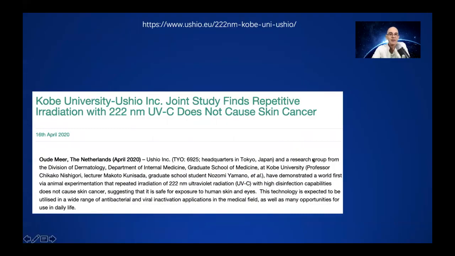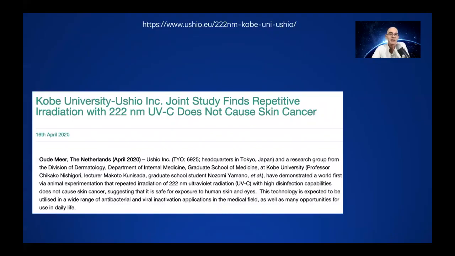And this is another group. This is in the Kobe University. They demonstrated a world first via animal experimentation that repeated irradiation of 222 nanometers, once again, ultraviolet radiation, to see how good it was for disinfecting surfaces.